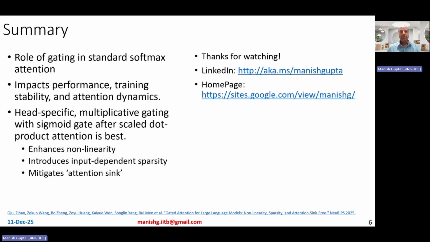It helps better stability while training, and leads to scalable training. So they tried different settings for this gated attention, and they find that head-specific multiplicative gating with a sigmoid gate after the scaled dot product attention is the best. It enhances non-linearity, it introduces input-dependent sparsity, and it also helps mitigate the attention sink problem.